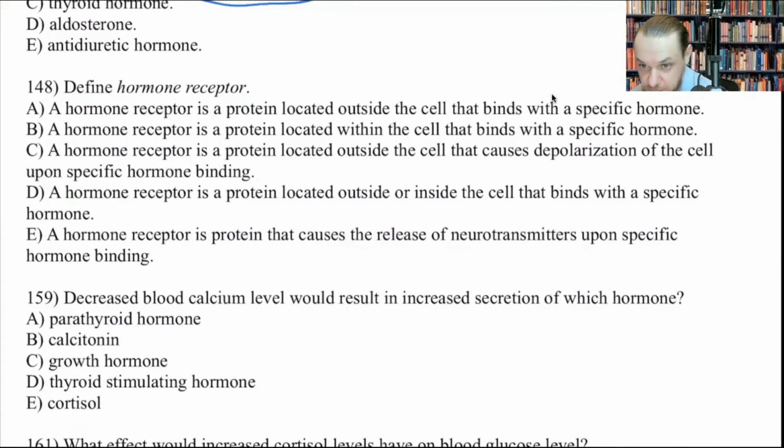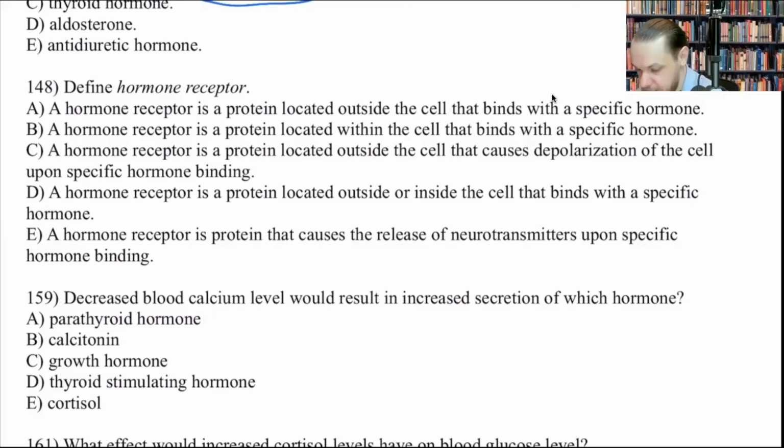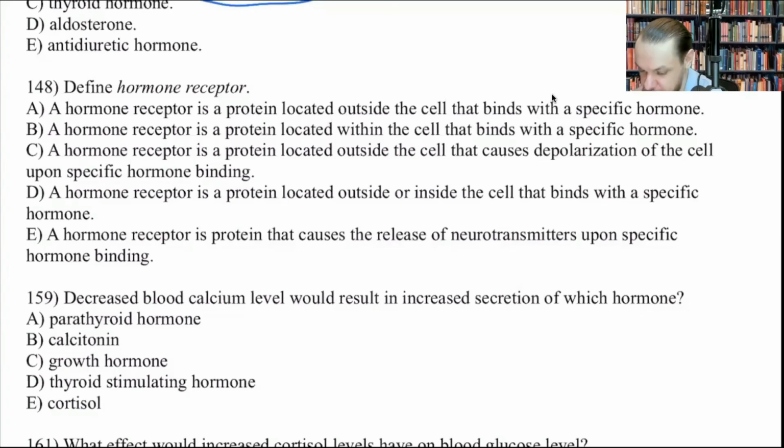148, we are up to Irene, I think. Okay, define hormone receptor. I like A. Hormone receptor is a protein located outside the cell that binds with a specific hormone. Okay, that's a good definition, but there's a better definition. See? A hormone receptor is a protein located outside or inside the cell that binds.